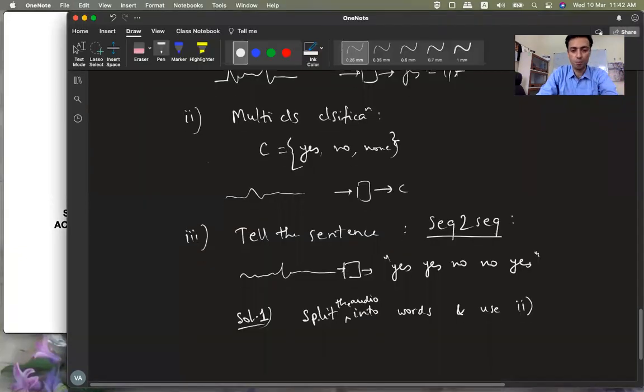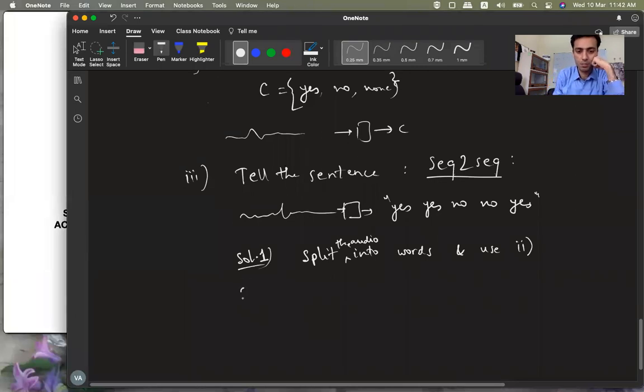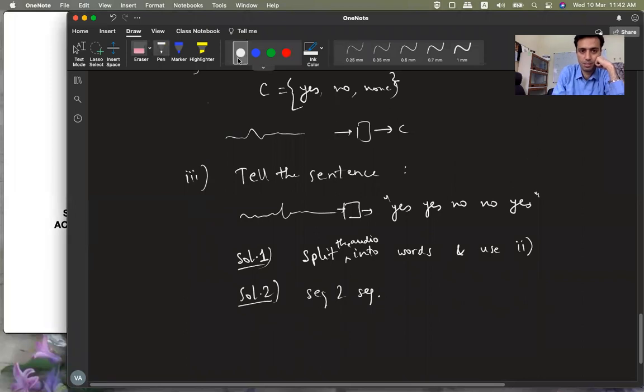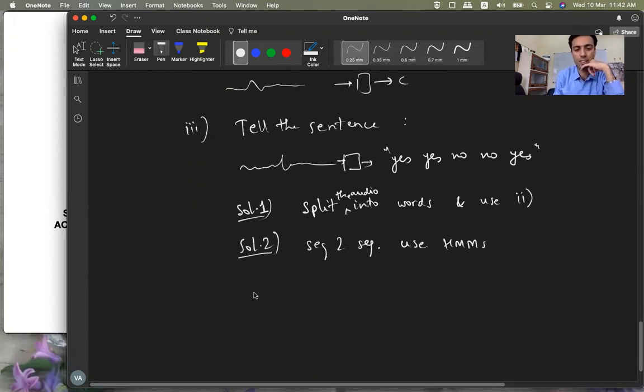Okay, so solution number 2. I don't need to write it. Sequence to sequence, so therefore you use... So basically, what is the philosophy? The philosophy is like this.